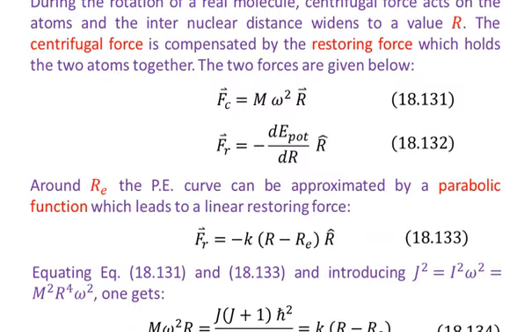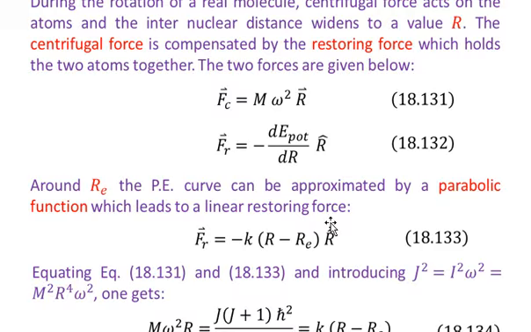Around Re, you know that Re is the equilibrium separation between the atoms in a molecule. Around Re, the potential energy curve can be approximated by a parabolic function. If you are concentrating on a region around the value of Re, you can approximate the potential energy curve to be a parabolic function, which leads to a linear restoring force.